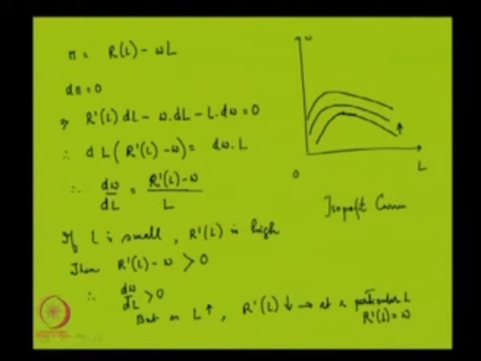is happening is that at a given level of L, for example, I can imagine a given level of L, W is rising, which means the wage rate is rising.